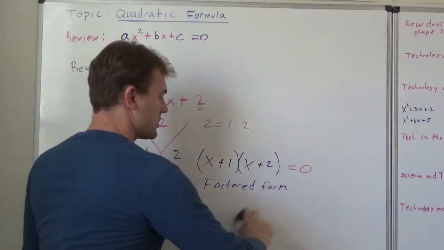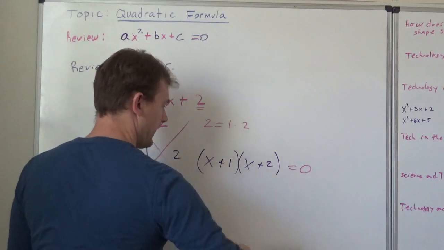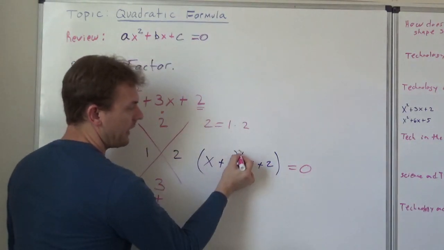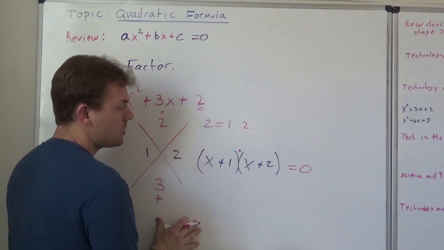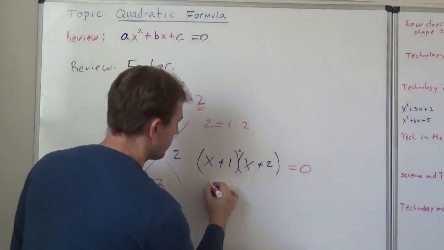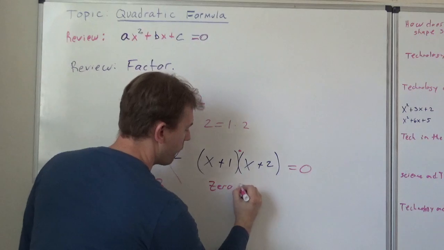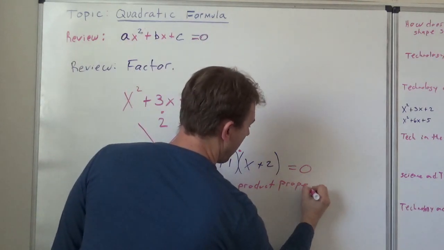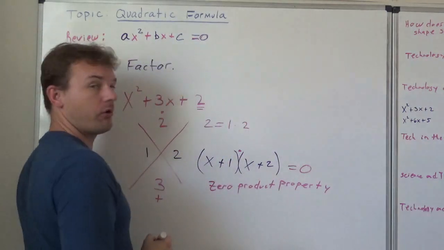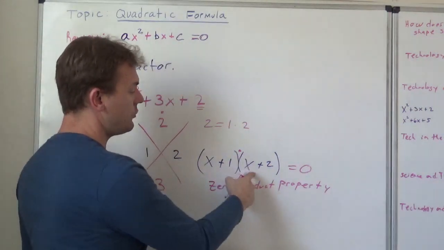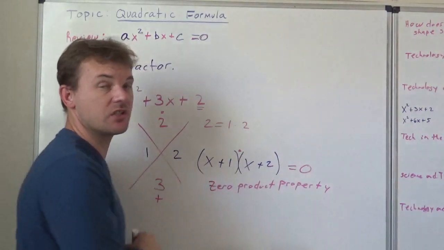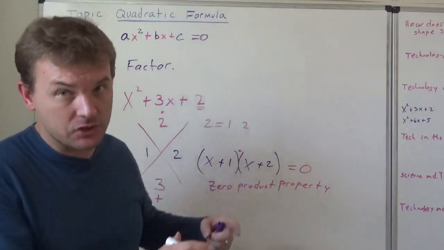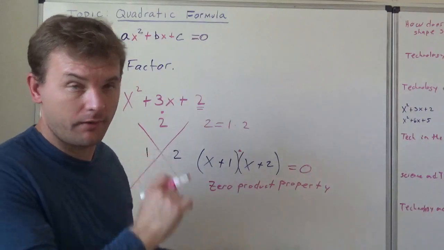So once you try to solve, what's going to happen when it's equal to 0 is that this is a multiplication, isn't it? So according to the zero product property, when you have two multiplications equal to 0, you have two separate answers. I'll show you.